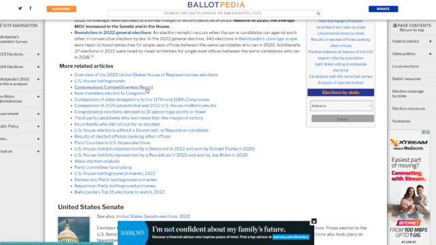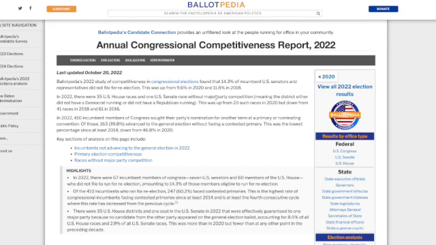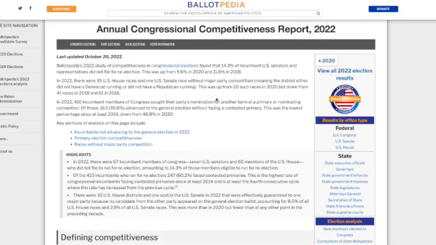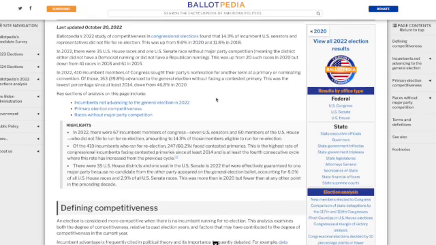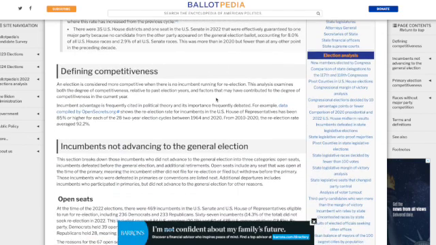The one interesting article that we'll go over is the Congressional Competitiveness Report. And it's exactly as it sounds, but it provides the data and how they came to this conclusion on how competitive a seat is for 2022, and then they'll predict into 2024.